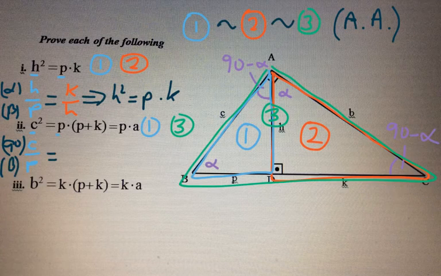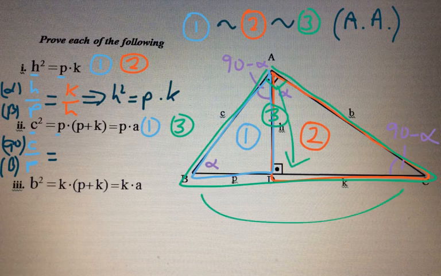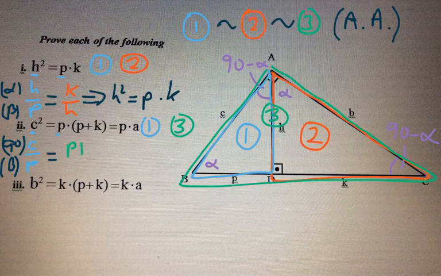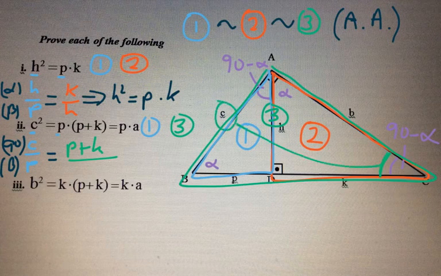So let's relate that in the large triangle here. Opposite the 90 degree angle would be this whole side here, which is P plus K, so we'll write that there. And opposite the 90 minus beta, we can see the opposite side is C, so we'll write that in our ratio.